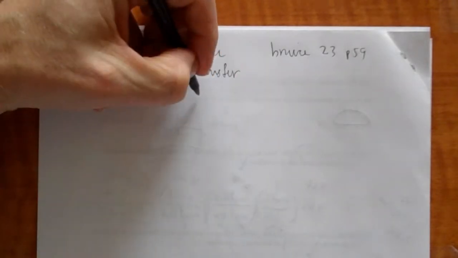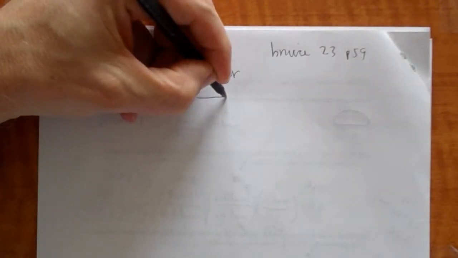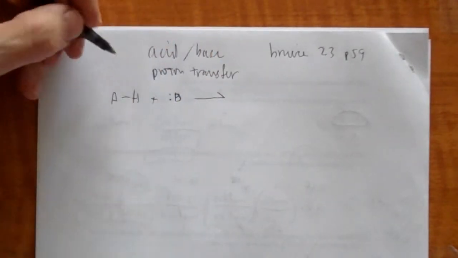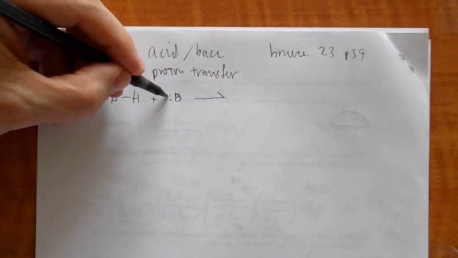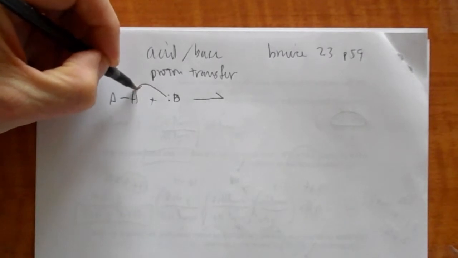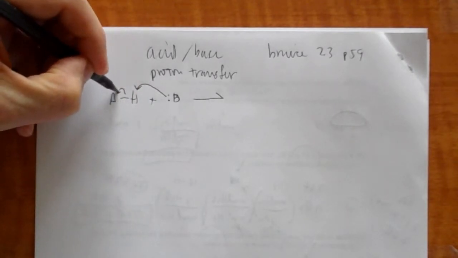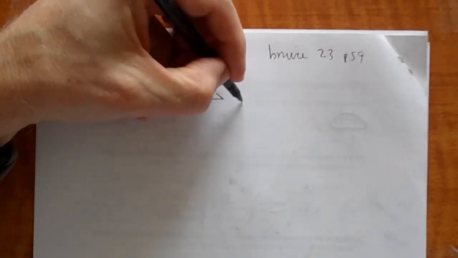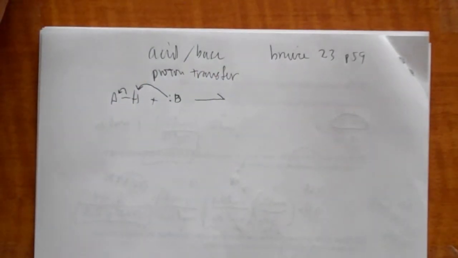An acid plus a base. In the simplest terms, let's say it's going to be bidirectional, and you'll see why in a second. These electrons attack that proton, and these electrons then are pushed off. So what are the products of this reaction?